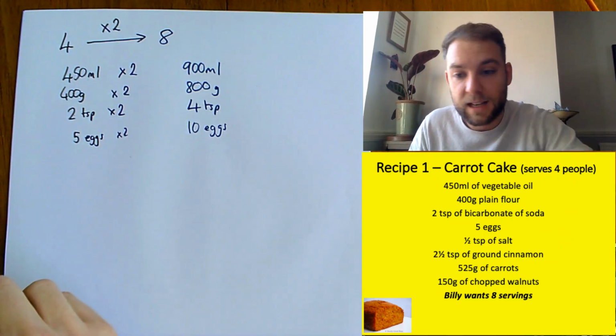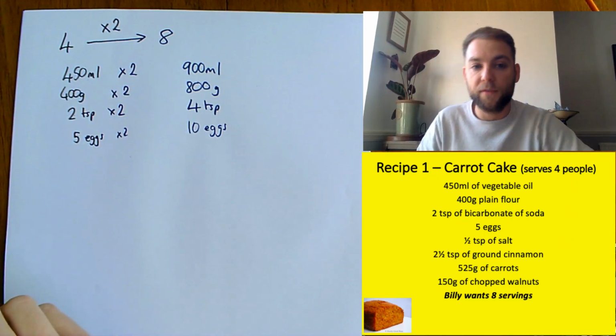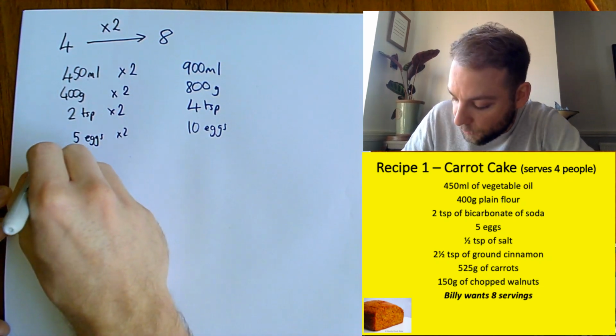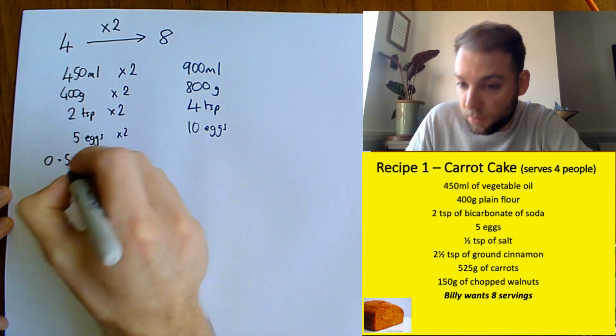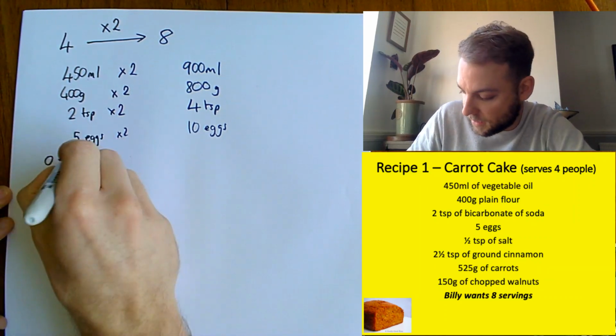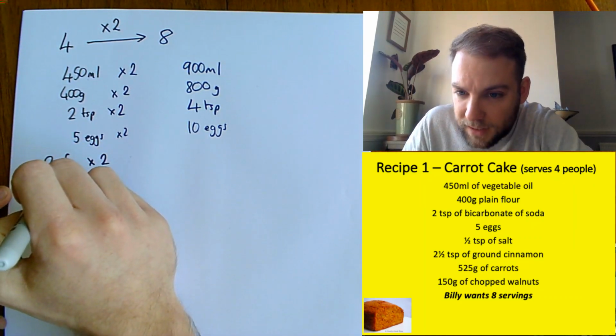This one here is a little bit trickier, where we've got the half a tablespoon. You could do that as 0.5 if you want. 0.5 times by 2. 0.5 teaspoons of that. I think I said tablespoons before.